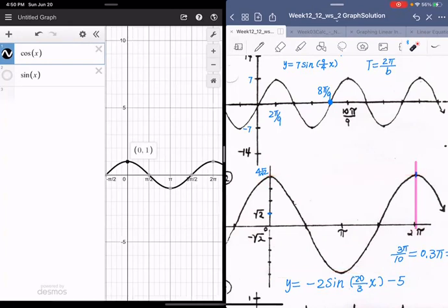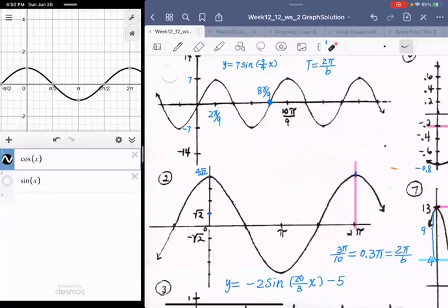Sure. Would it be y equals 4 root 2 cosine 2 pi? No, cosine x.